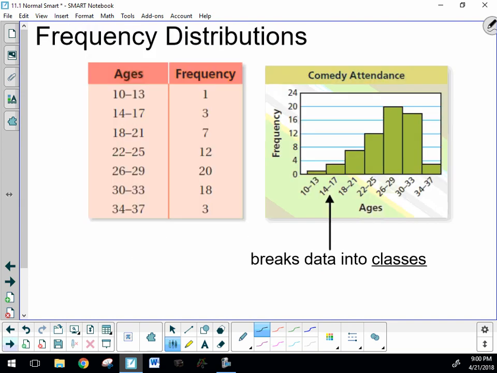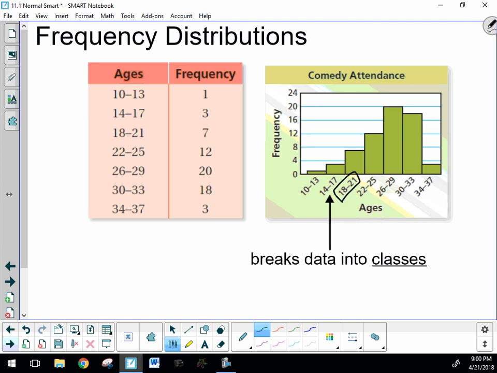The next thing I wanted to remind you about is frequency distributions. In some ways they're very similar to dot plots, but instead of having individual dots to represent each data point, we have these bars, and instead of having just one single value along the bottom, we have what we call classes of data.